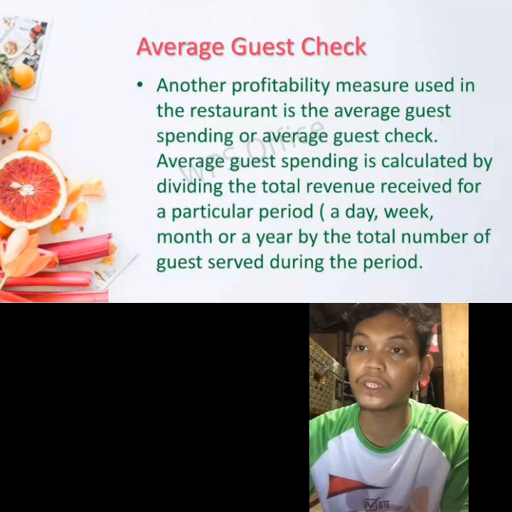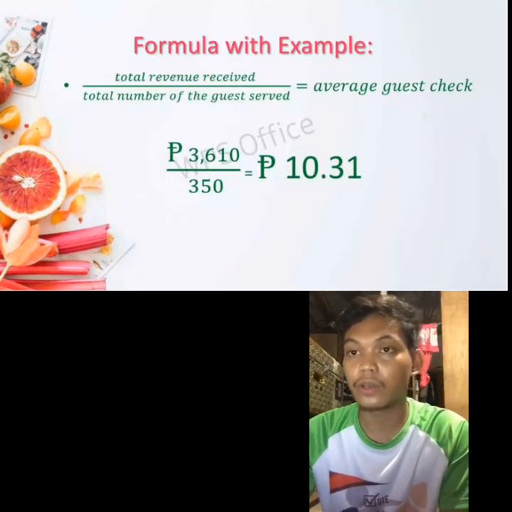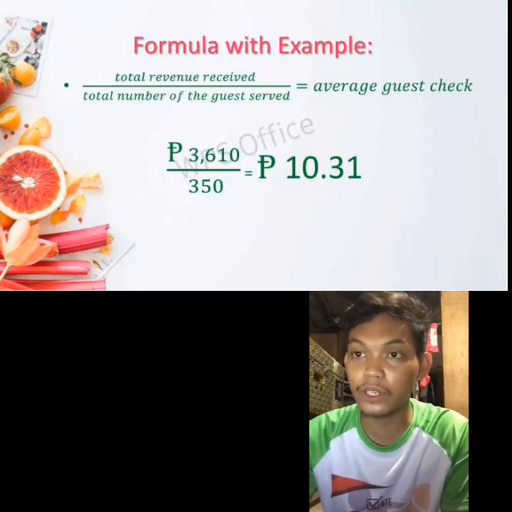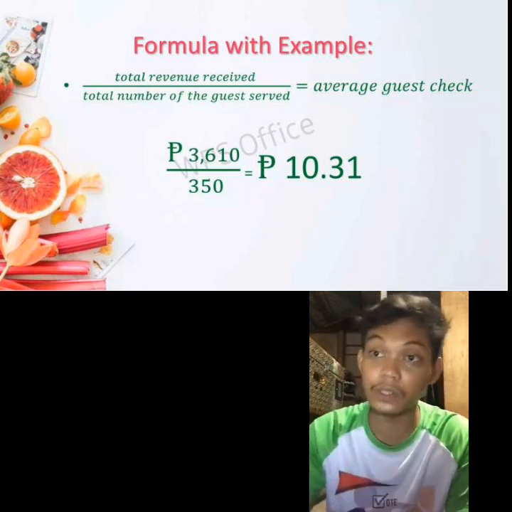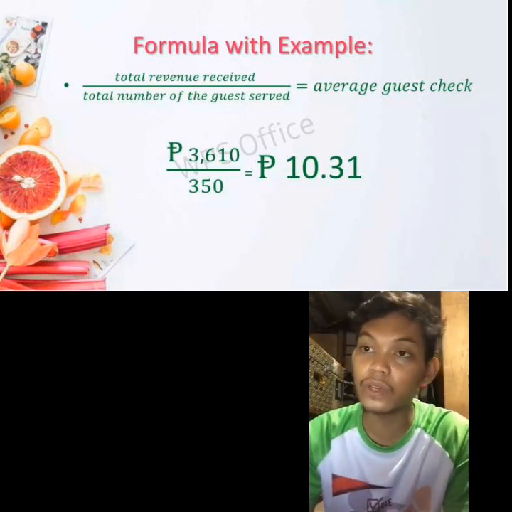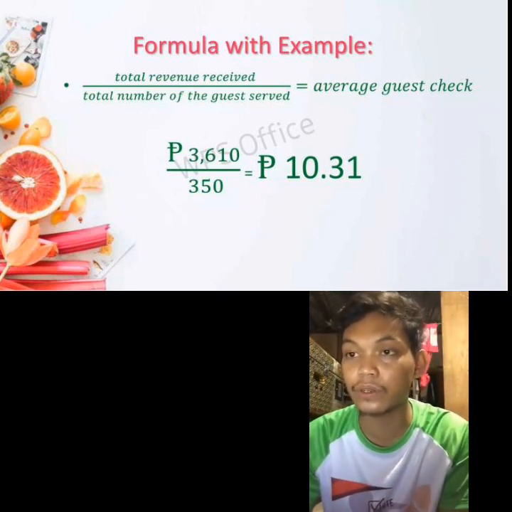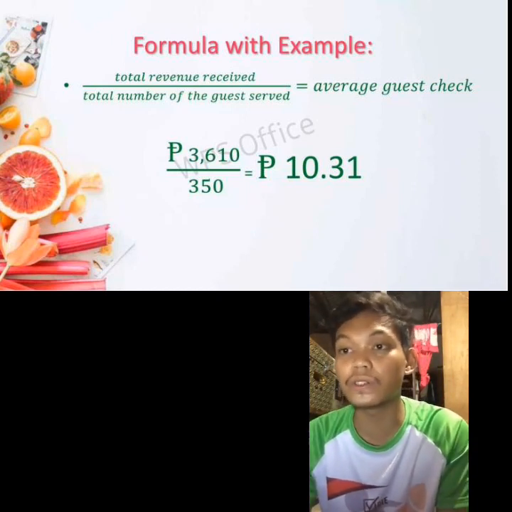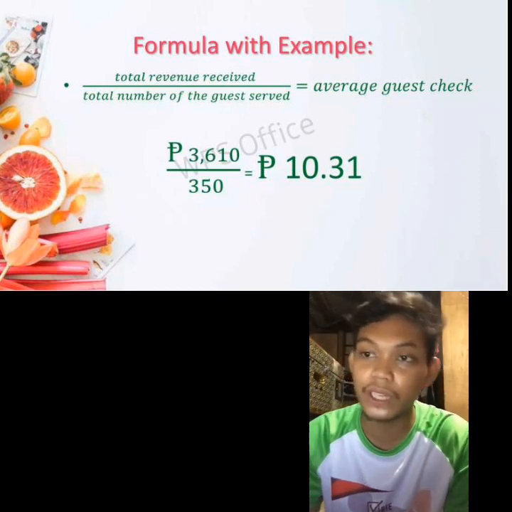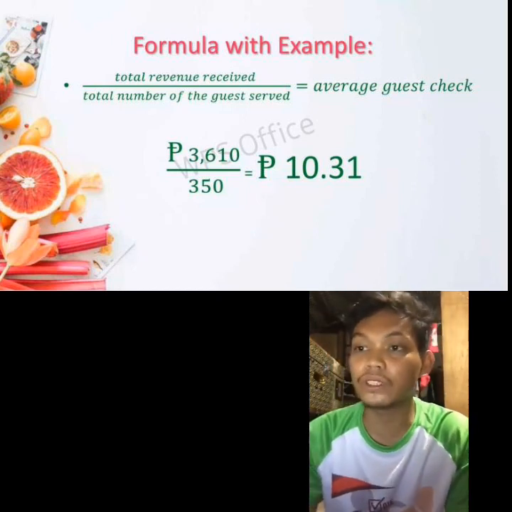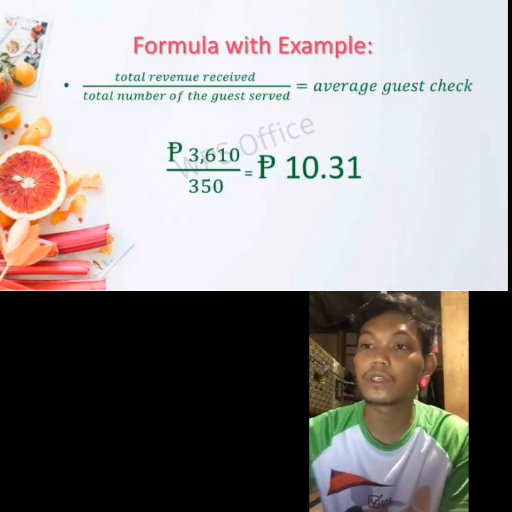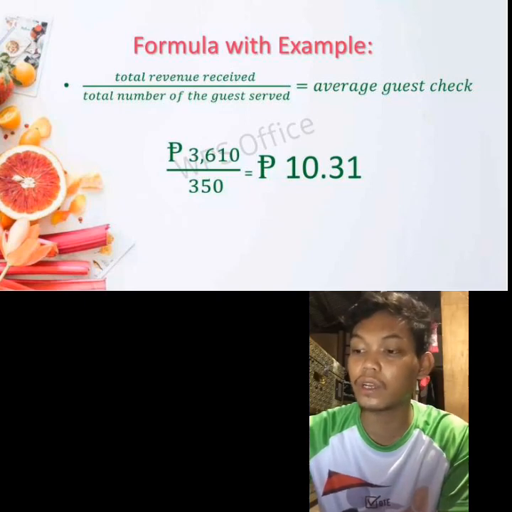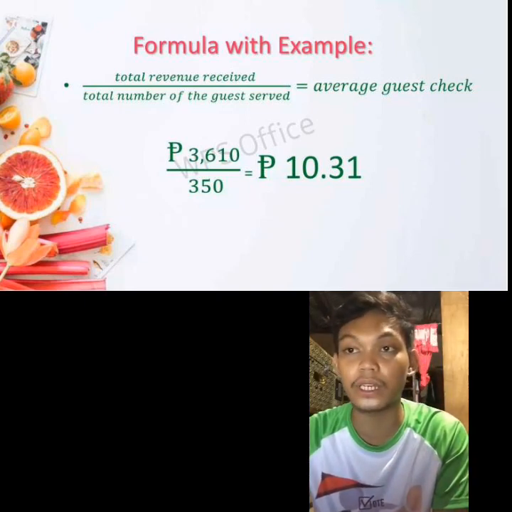The best example of this is when you have a total revenue of 3,610 and the total number of guests served is 350. So 3,610 divided by 350 is 10.31 pesos. That is the average guest check, or the average guest spending.